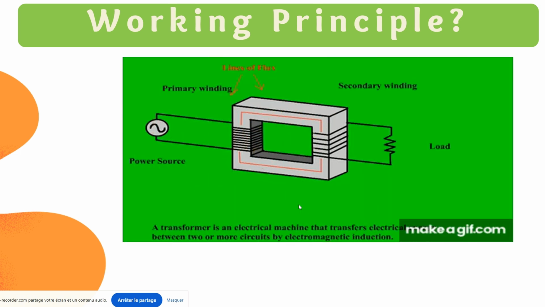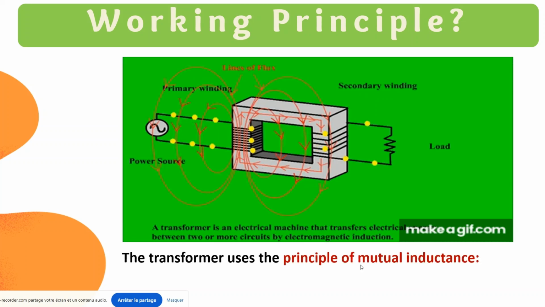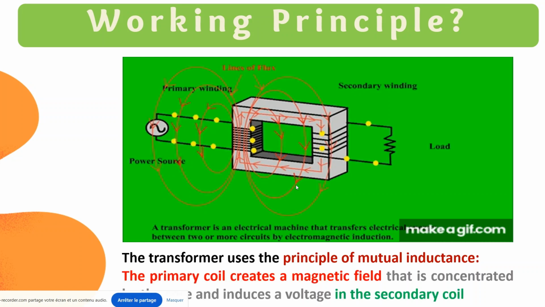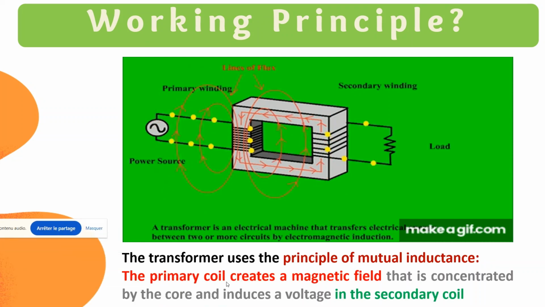Here we have the components of a transformer, and how the electrical field is being used. The transformer uses the principle of mutual induction, as we said, and the primary coil, le bobinage principal, creates a magnetic field that is concentrated by the core and induces a voltage.